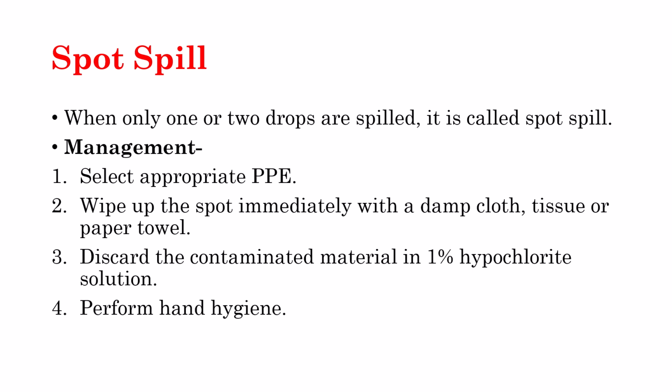Next, discard the contaminated material in 1% sodium hypochlorite solution and perform hand hygiene. So what we are doing in the spot spill, it is a very small one or two drop spillage. So we have to select the appropriate PPE and wipe out the spot immediately with a damp cloth, tissue or paper towel. Discard the contaminated material in 1% sodium hypochlorite solution and perform hand hygiene.